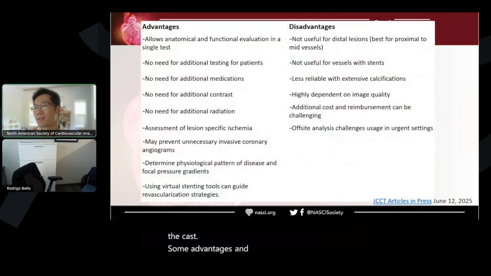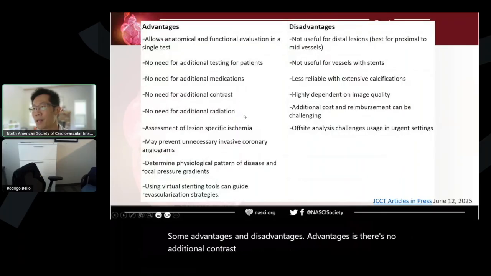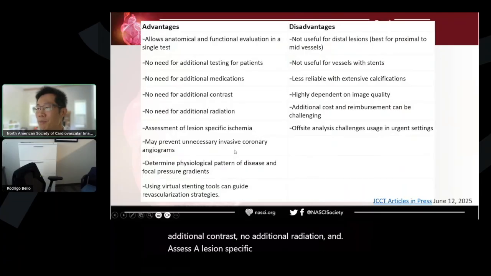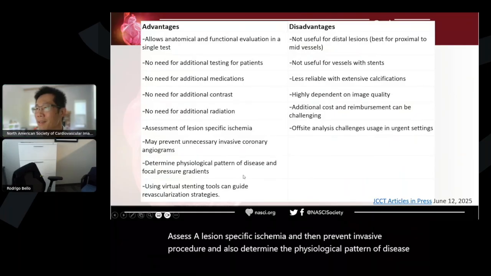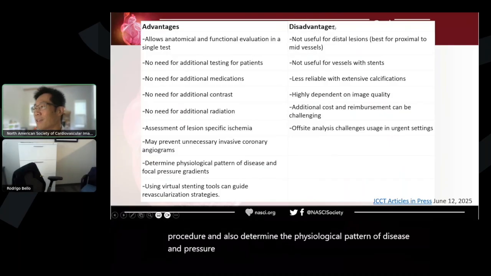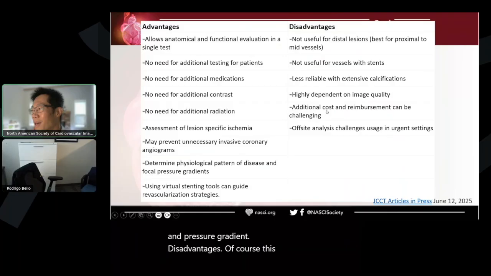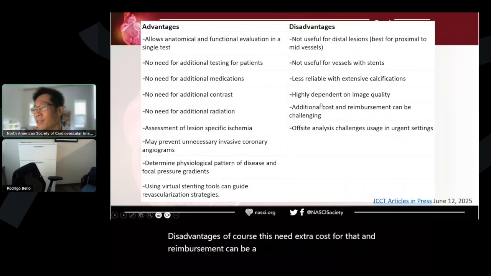Some advantages and disadvantages. Advantages are there's no additional contrast, no additional radiation, and it can assess lesion-specific ischemia, and then prevent invasive procedures, and also determine the physiological pattern of disease and pressure gradient. Disadvantages, of course, it needs extra cost, and reimbursement can be a problem. It also highly depends on the image quality.